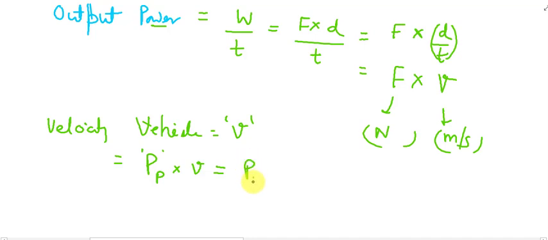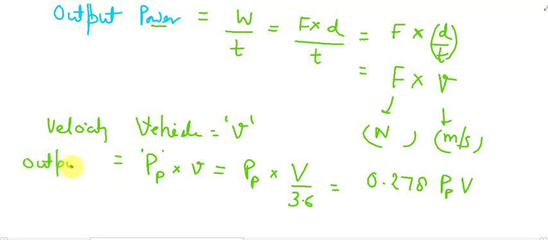Or we can say that this will be equal to capital V, the velocity, which unit is kilometer per hour, divided by 3.6, or in short way this will be equal to 0.278 pp into capital V. So this is about your output power.